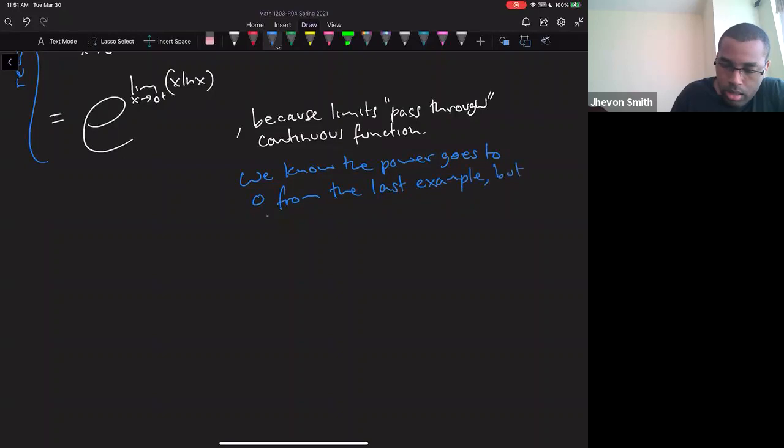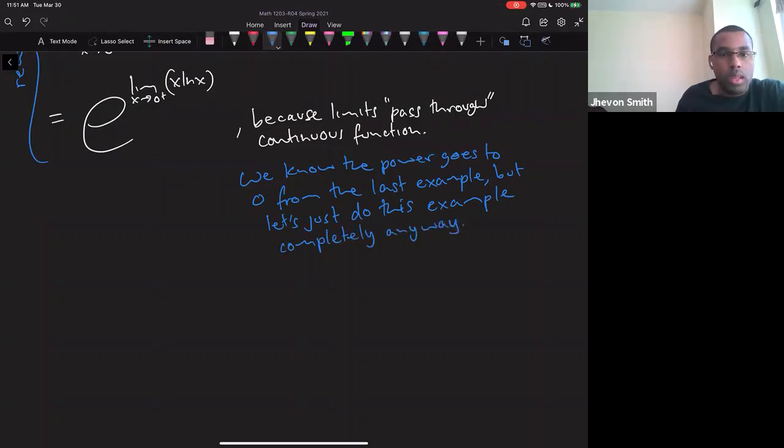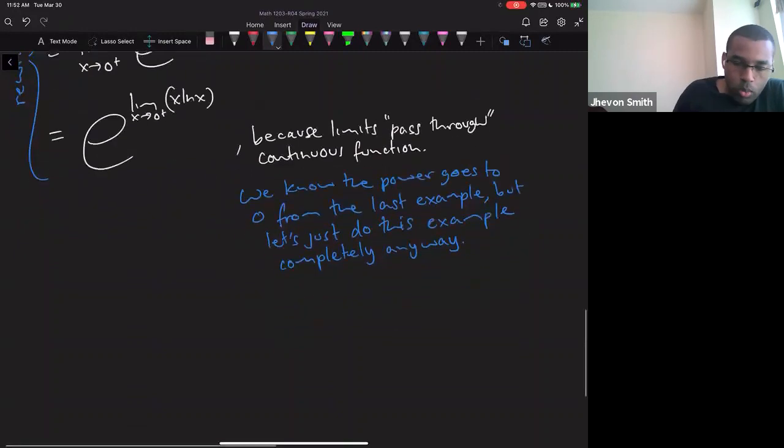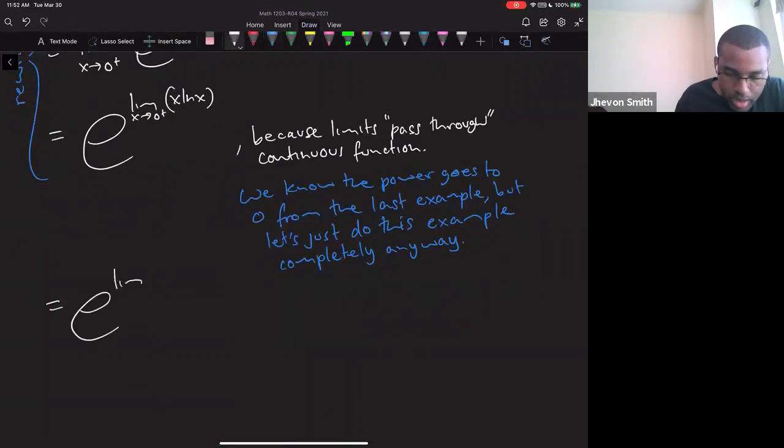But let's just do this example completely anyway, because I want you to see me applying L'Hopital's rule in the power. Okay. So what you're going to notice is that you now have e to the limit of x approaching 0 from the right of x ln x, right?